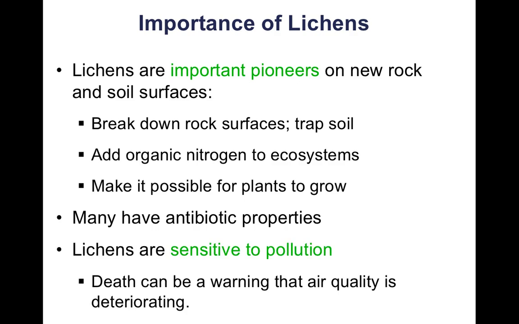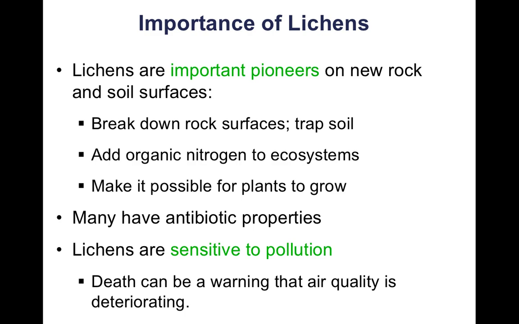And finally, what we're going to explore in depth in lab is how lichens can be used to measure air quality. So lichens are extremely sensitive to pollution because they're going to get all the nutrients, including the water, from the air. So the fungus is going to absorb the nutrients from particles in the air and from water vapor.